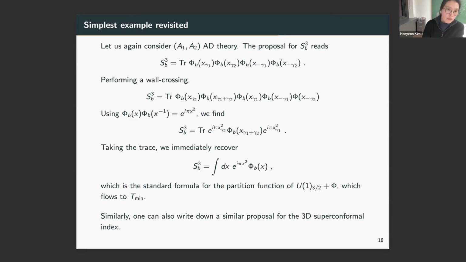So you can do a similar game for many different supersymmetric observables in 3D N=4 rank 0 theory. In particular, you can also write down a similar proposal for the 3D superconformal index. It turns out to be one in this particular twist, which gives rise to the formula that counts the Coulomb branch operators in 3D N=4 rank 0 theories.